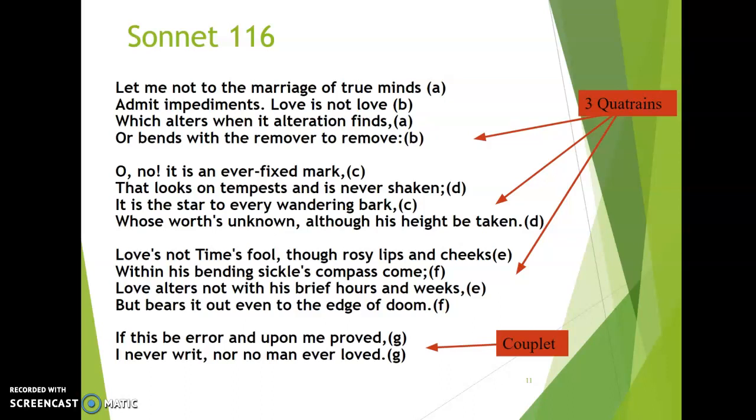So in the second line, it would be pronounced "love," and then in the fourth line, it would be "remove." But we know that it means remove, or to take away.